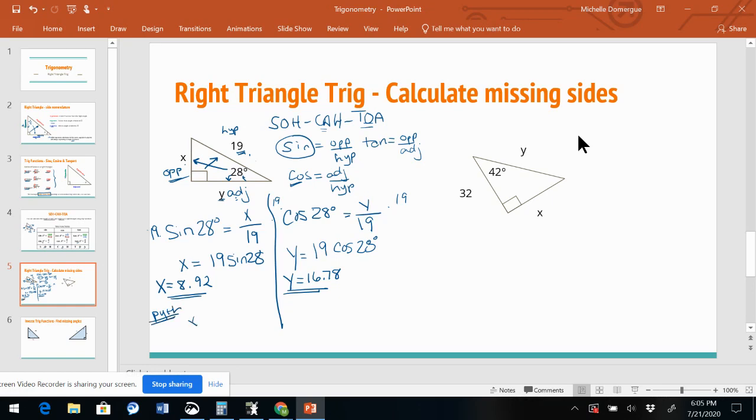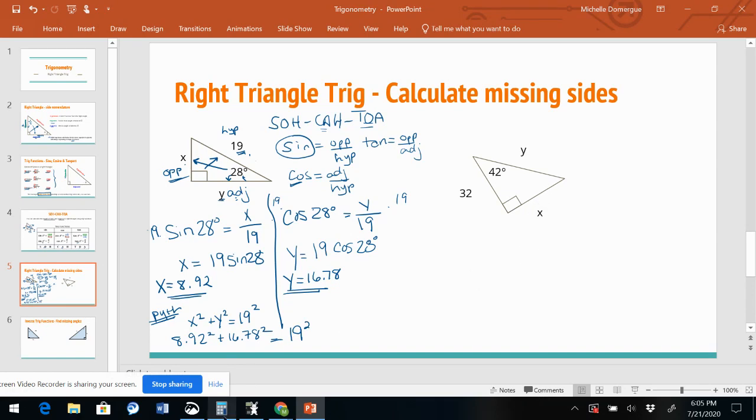So I know that the relationship using Pythagorean theorem is x squared plus y squared is going to equal 19 squared. So in this case, I'm going to have 8.92 squared plus 16.78 squared should equal 19 squared.